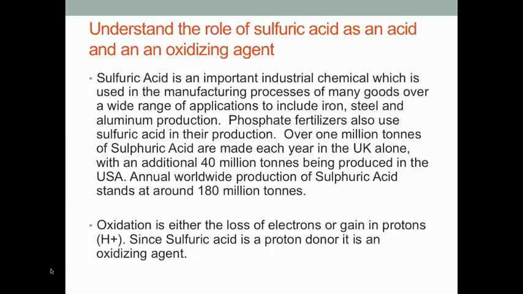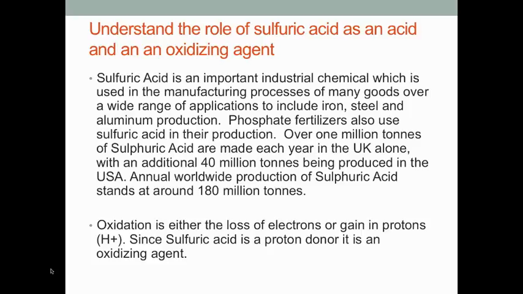Understand the role of sulfuric acid as an acid and as an oxidizing agent. Sulfuric acid is an important industrial chemical. It's used in a wide variety of processes, including the making of iron, steel, and aluminum.